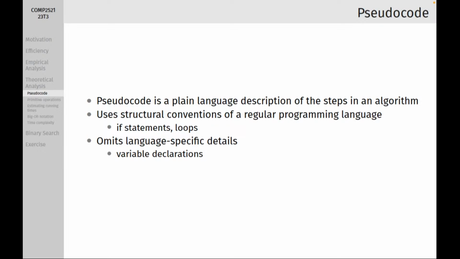In pseudocode, we tend to omit language-specific details. So we wouldn't have variable declarations like ints. We wouldn't have semicolons or open and closed braces.